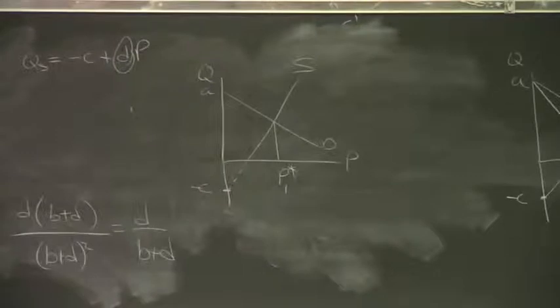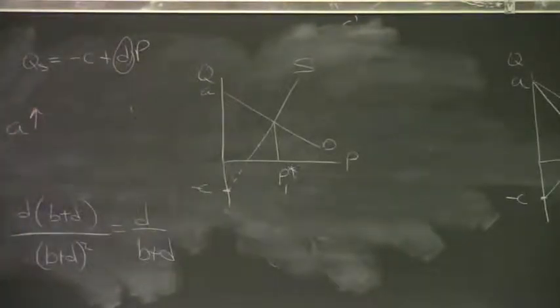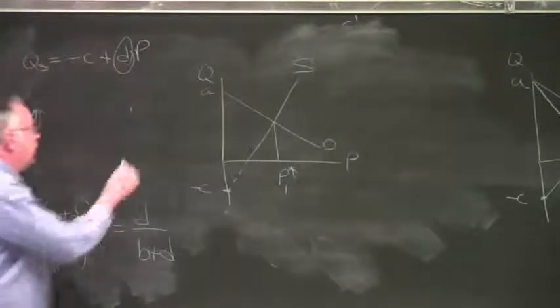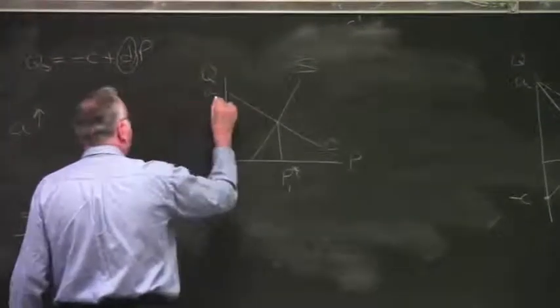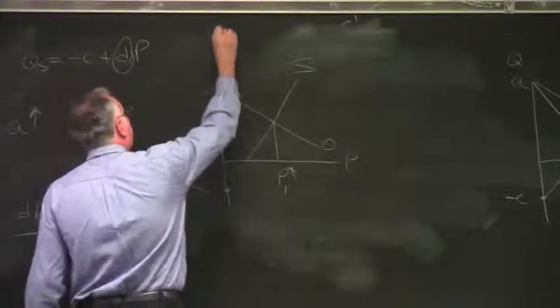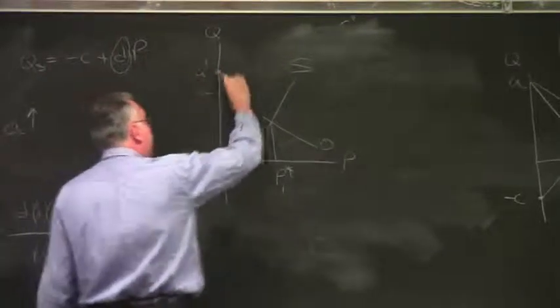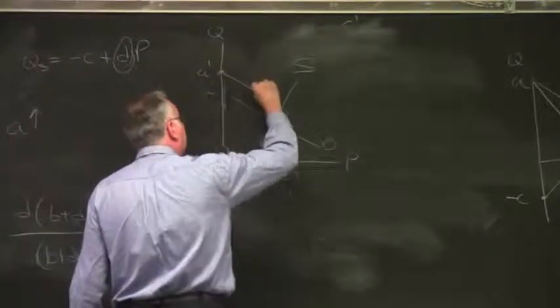Let's assume that A goes up. If A goes up, then what happens to the demand curve? Yeah, it shifts upward. So let's say A prime is the new intercept, and A prime is up here. So now demand is shifting up, just as Hal said.